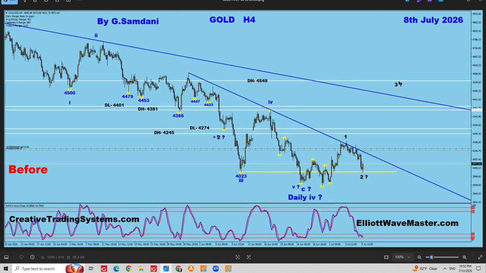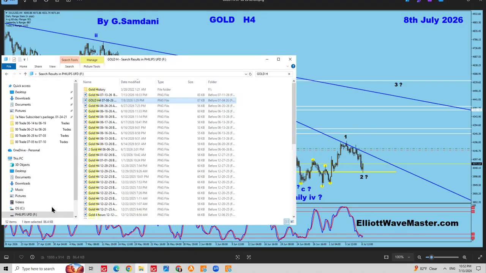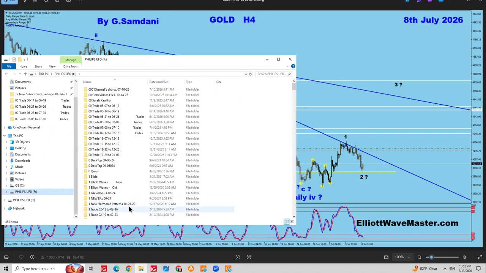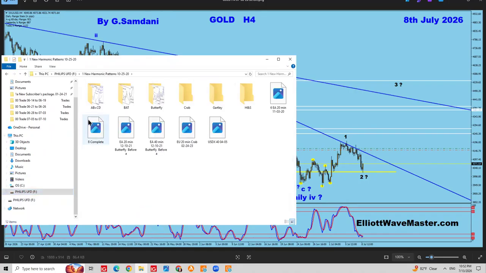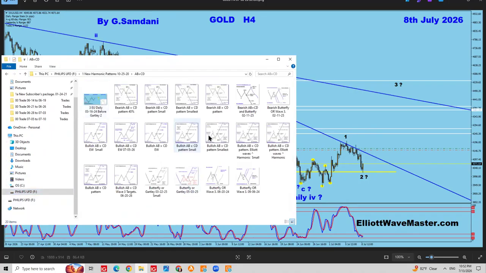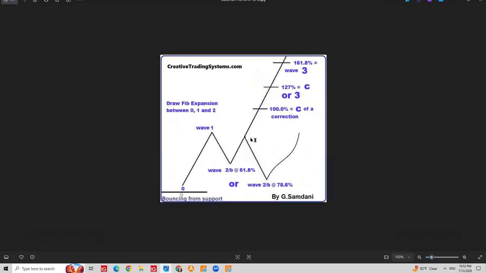Then we go up. Now, what really happened here, this turning point in wave 1 and 2, let me show you quickly. I should have prepared myself, but I didn't. So quickly I'll open the charts, no big deal. So what really happened is that, look, this chart, right? So this is what it is.